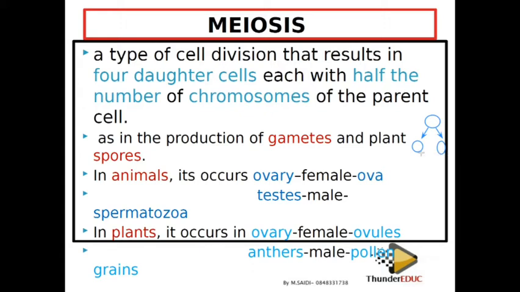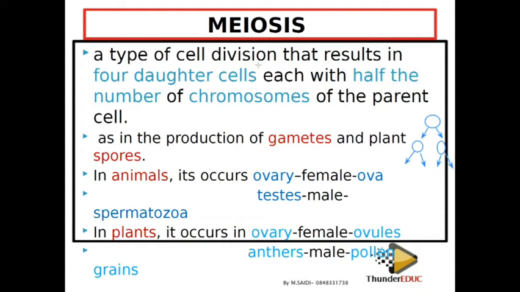Now, meiosis is not finished here because it must result in 4 daughter cells. That means after meiosis 1, meiosis must continue and give rise to the last stage of meiosis. So each of these 2 daughter cells is going to give rise to 2 daughter cells each.